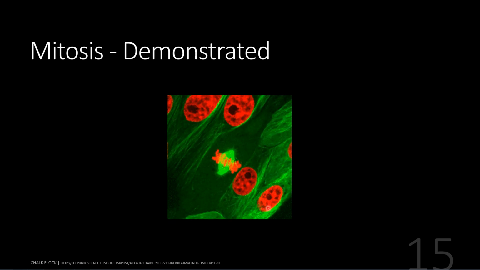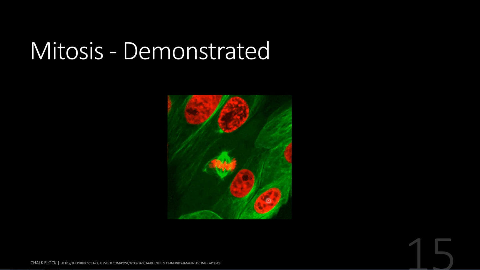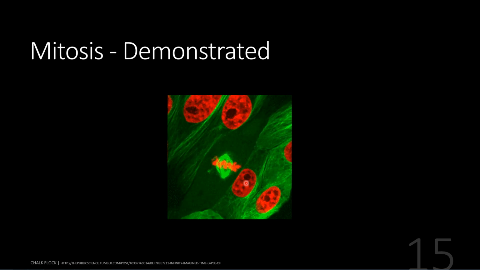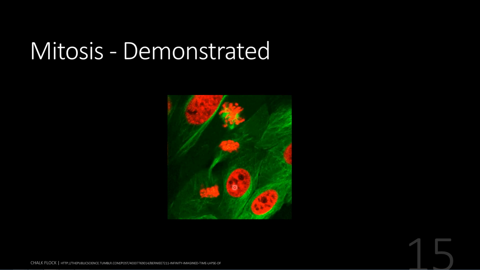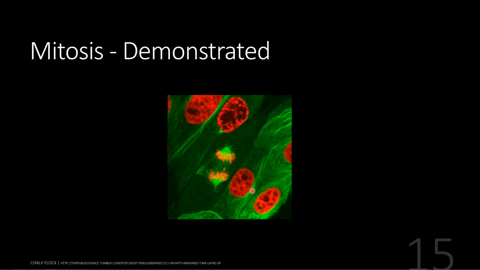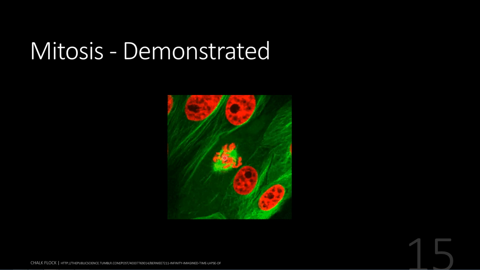Okay, so these are really red, and you can see it's all the DNA just floating around randomly within. You can kind of see the nucleolus right here, and just a ton of DNA just chilling. But these guys aren't undergoing mitosis. This middle guy definitely is.